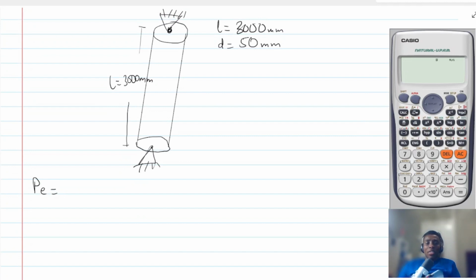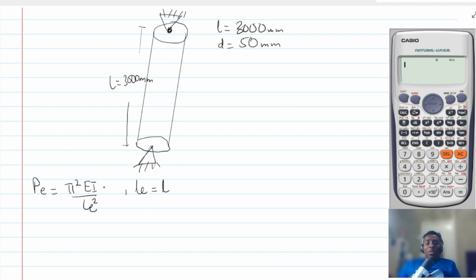If both ends are hinged, then the Euler load is pi squared EI divided by LE squared, where LE is the effective length. If both ends are hinged, then LE is the same as the length.